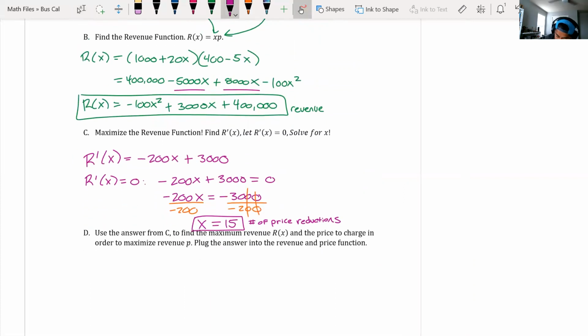I have the revenue function up there. So you're going to get R of 15, negative 100 times 15 squared plus 3,000 times 15 plus 400,000. Let's see what our max revenue is.